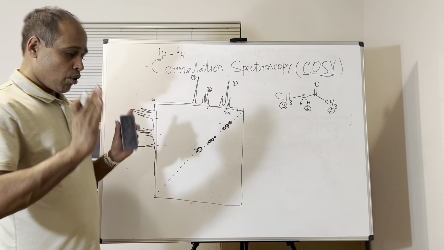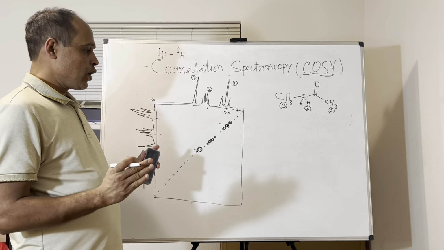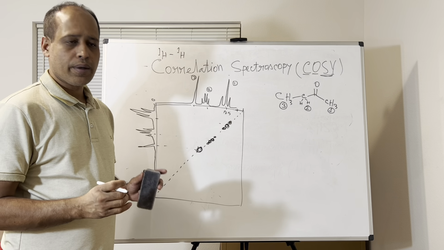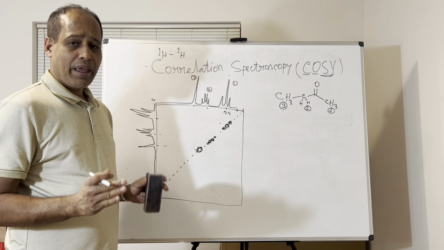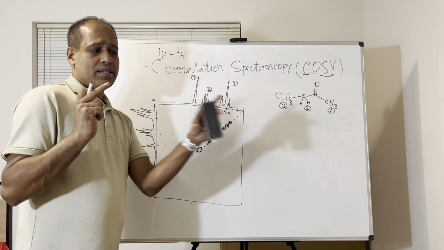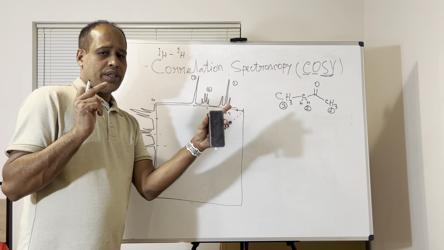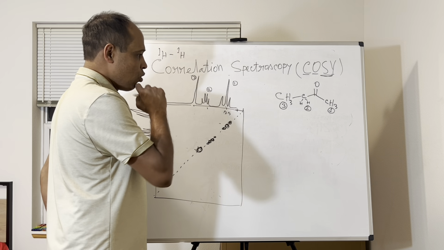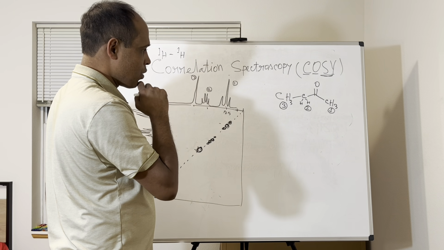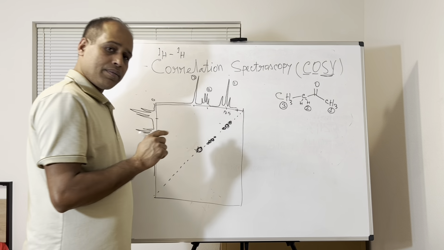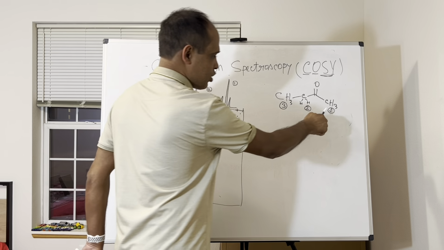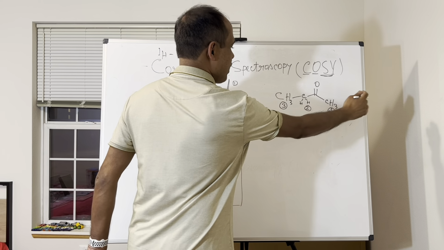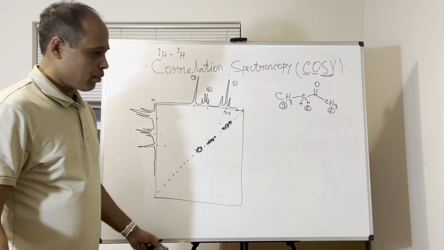Now, correlation spectroscopy, or COSY, also gives some cross peaks, that indicate this guy has a relation with this guy, like 3 bonds away. So who will show what? Number 1, you can easily assume, doesn't have any neighboring proton, right?